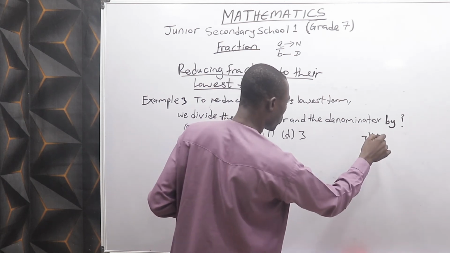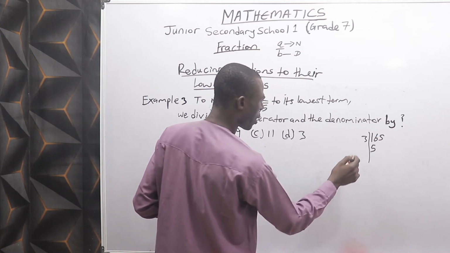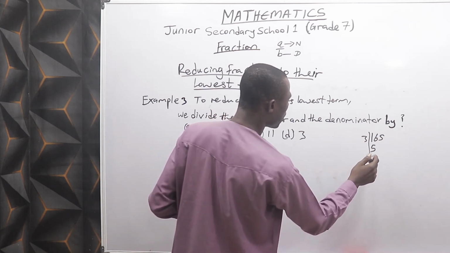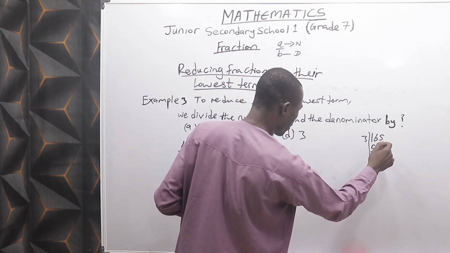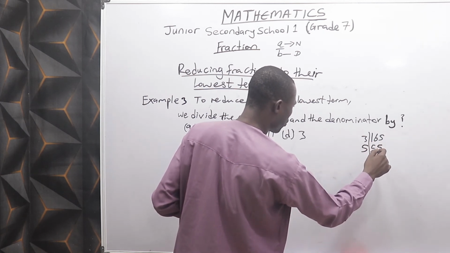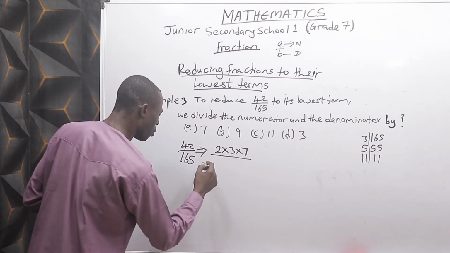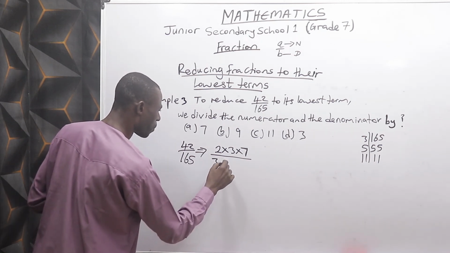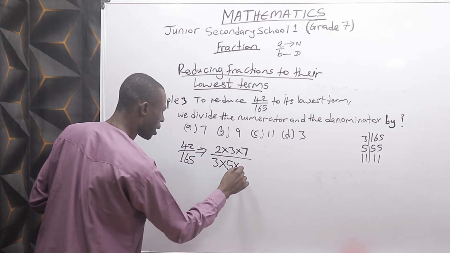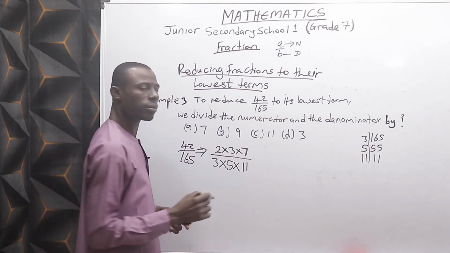Remains 1. Use the 1 with the 5 in front again. It forms 15. 3 in 15, another 5. 5 in 55 gives 11. Then 11 is the next. So we break 165 into 3 times 5 times 11.